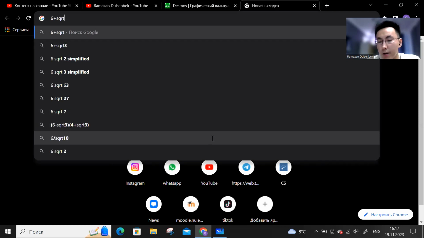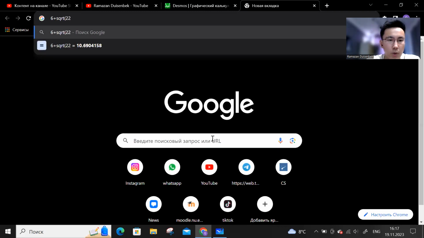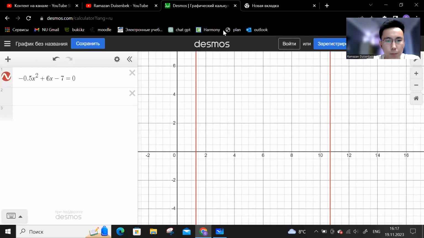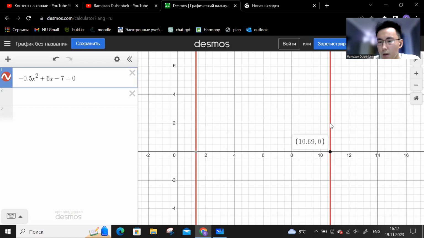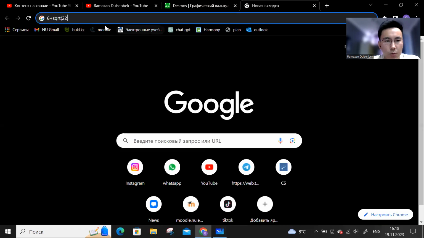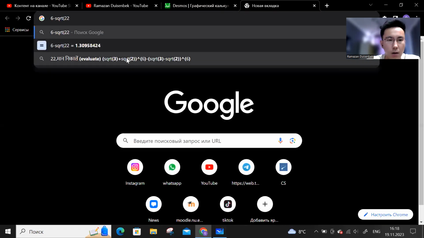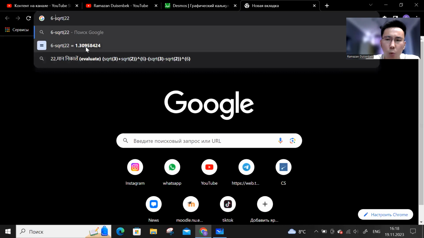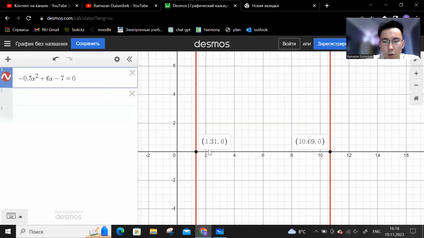SQRT means square root. 22 gives 10.69. You see where the graph crosses our x-axis. And the second root is 6 minus square root of 22. So I'm going to just change the sign. It is 1.31 if we are making approximation.